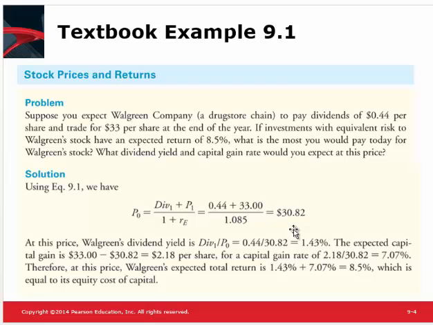At that price, what would be the decomposition then? So again, the dividend yield is the dividend divided by the price of $30.82. So the dividend yield is 1.43%. The expected capital gain then, $2.18 divided by that price, is 7.07%.